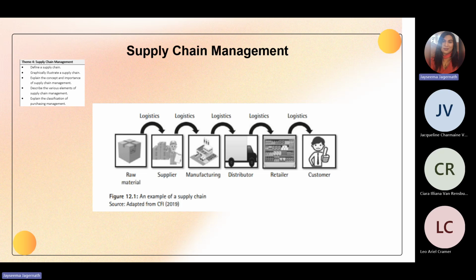Okay, so you have to show raw material, supplier, manufacturer, distributor, retailer, customer, and show that it's a process, not the actual pictures. Supply chain looks at each process in the manufacturing process, and tries to understand where we can do things better, where we can do things faster, where we can improve quality.